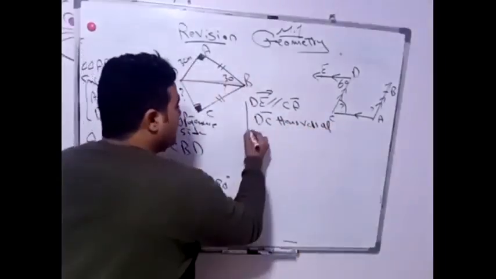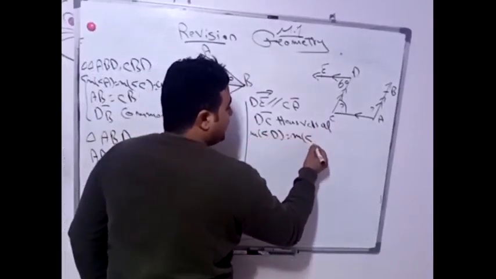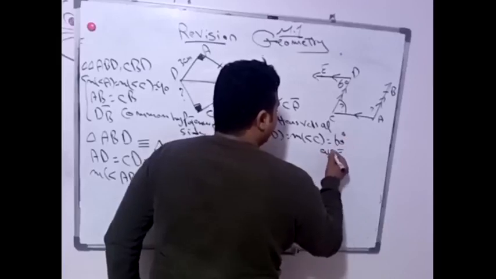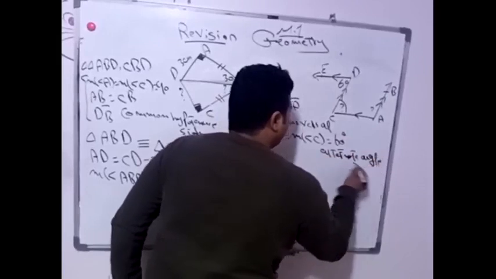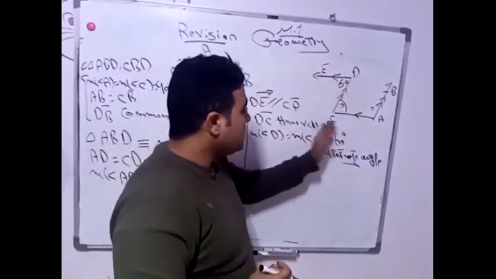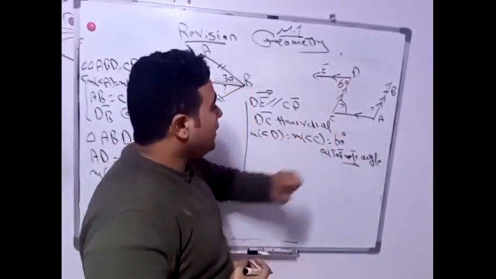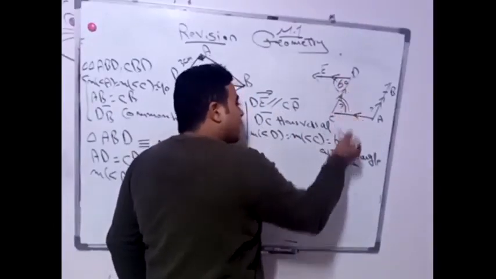So we have measure angle D equal measure angle C equal 60 degrees, alternate angles. Since we have DE parallel to CA and DC transversal, measure angle D equals measure angle C, alternate angles.